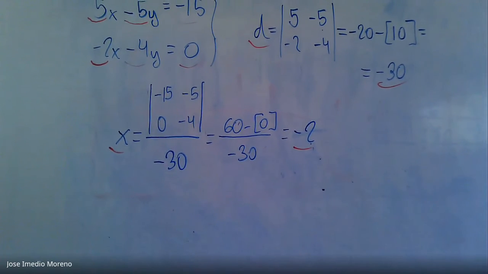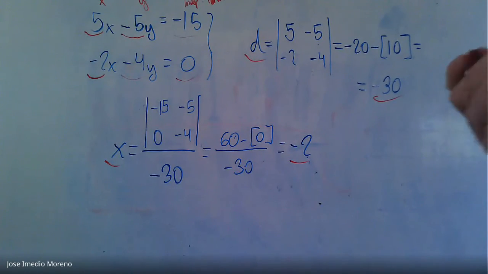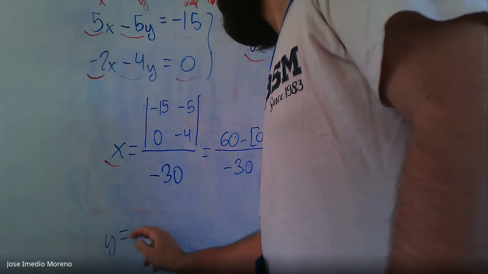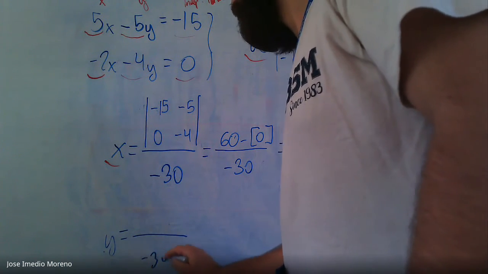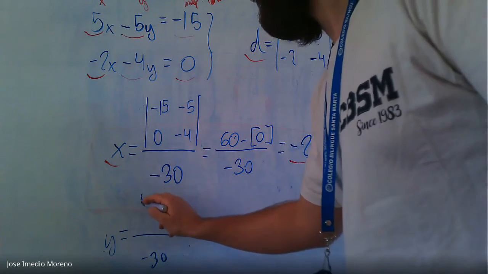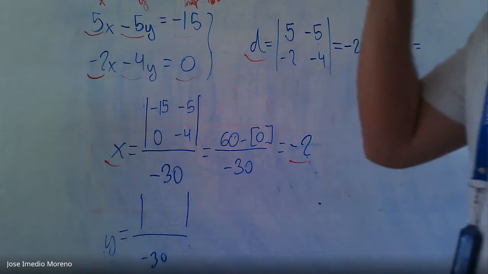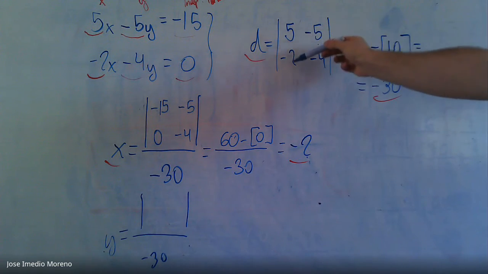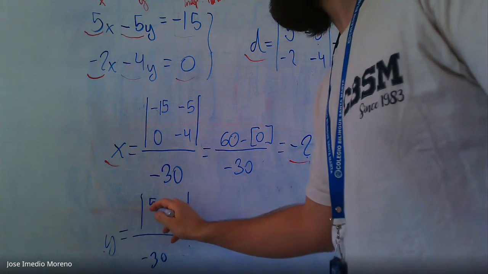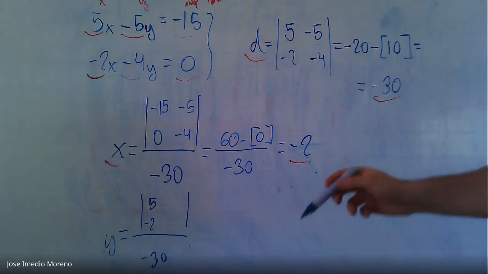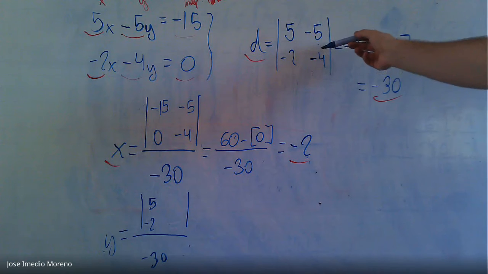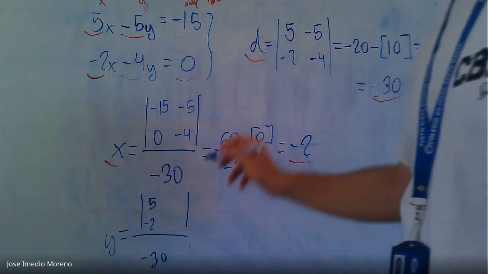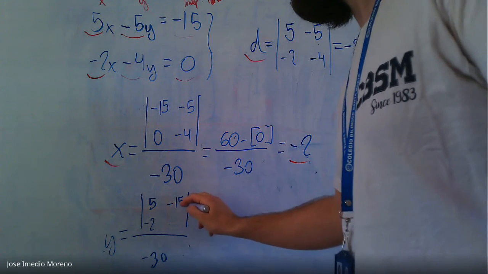And now let's find y. It's the same procedure. For y, the denominator is minus 30 again, but the determinant changes. The first column is like in the original determinant, 5 and minus 2, but it's the second column that changes. Instead of using minus 5 and minus 4, I'm replacing it with the independent terms.